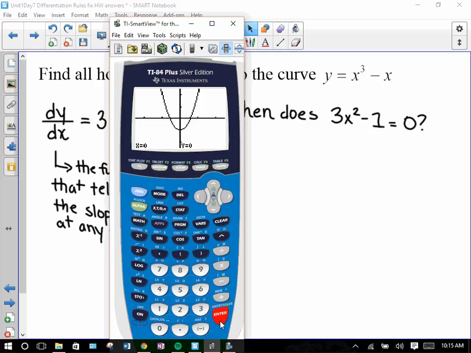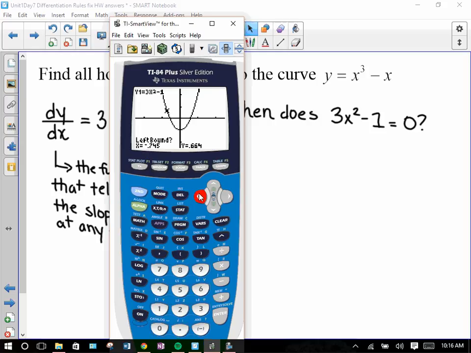Now we can define those points. Those are our zeros. So we're going to hit second trace, and then choose 2, zero. Now it says left bound. Left bound means go to the left of that zero.